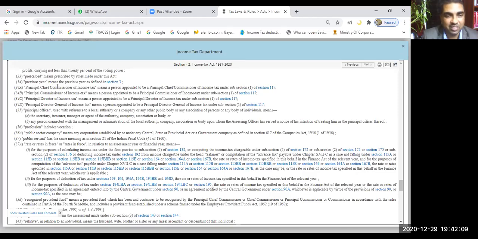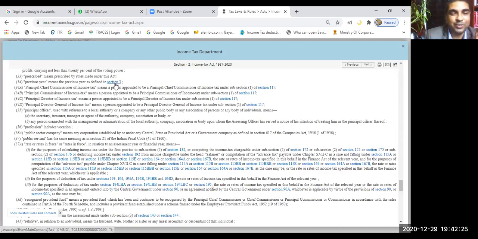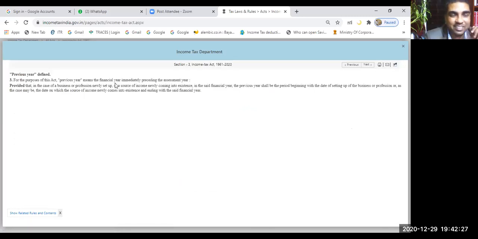Previous year means the previous year as defined in section 3. Now, can you understand this without reading section 3? No, sir. So you have to refer to section 2 clause 34 and read it with section 3. Now you have to go to section 3. Then only you can understand. Now you see what is previous year. What is the definition? Financial year immediately preceding the assessment year.